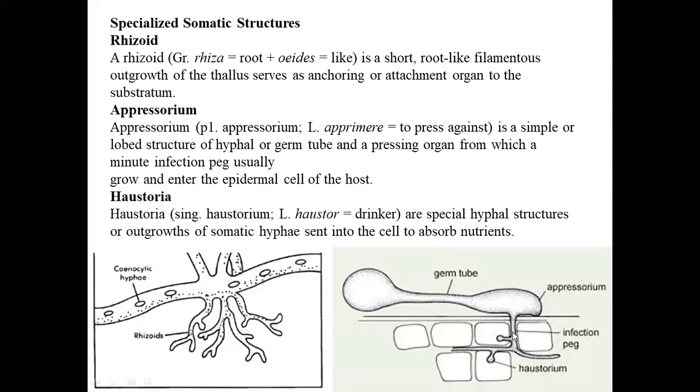You can see here, after the appressorium enters the intercellular spaces, this is one cell and this is one cell, and the space between is known as the intercellular space. The infection peg of the fungus multiplies in between the intercellular spaces, and one small balloon-like globose structure enters inside the cell for sucking the nutrition. That is known as the haustorium.